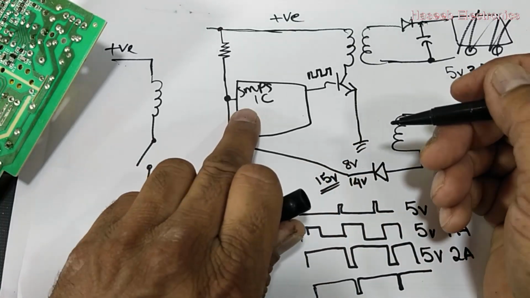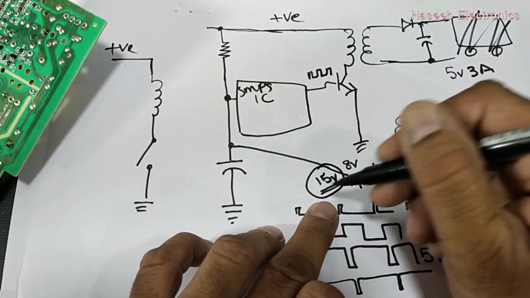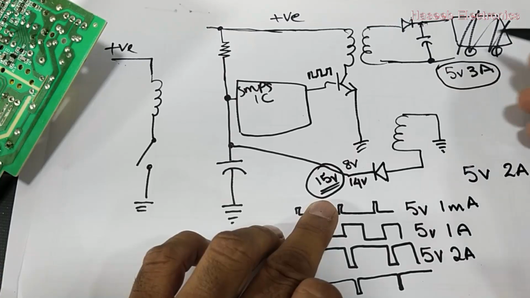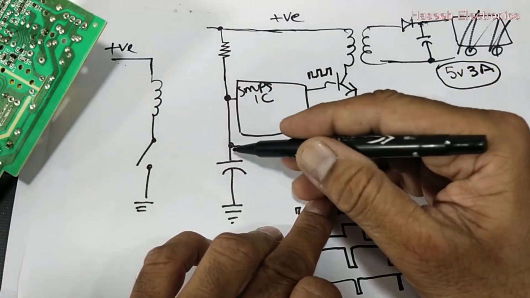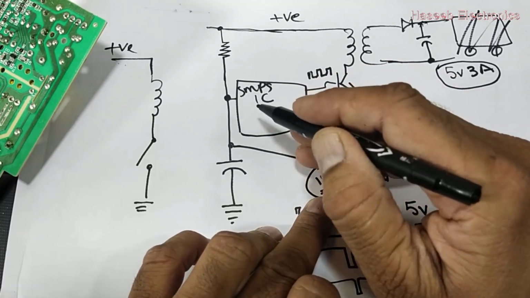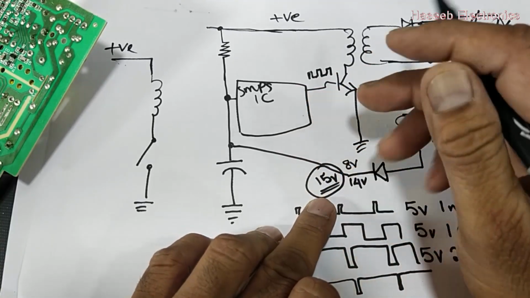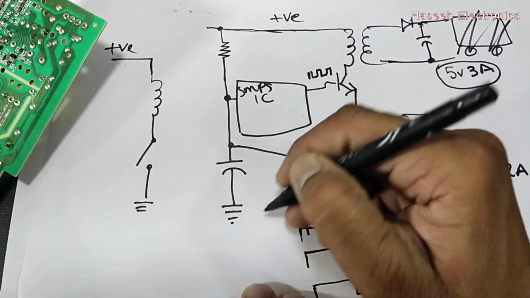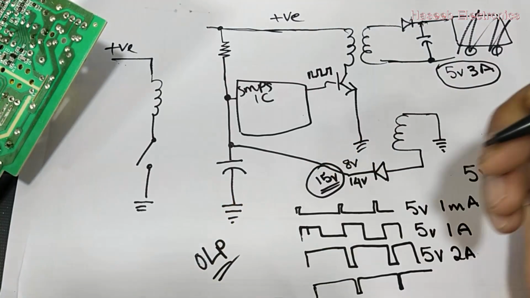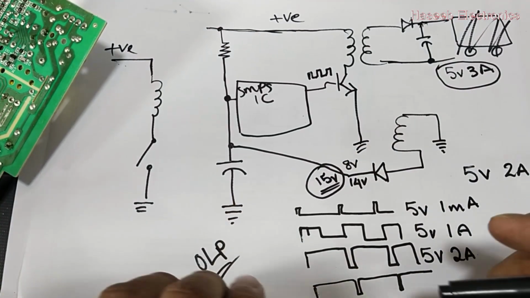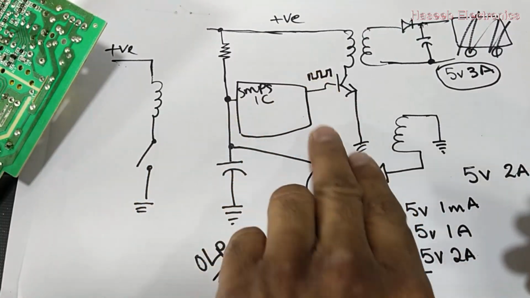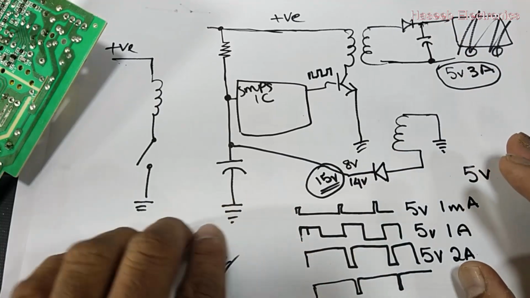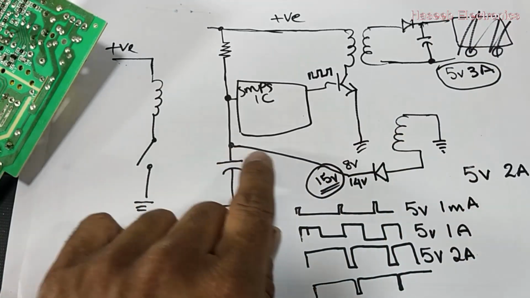When it receives 15 volt, that means the overload condition has occurred. The comparator inside this IC will detect that there is an overload. So in that condition there will be overload protection. At that time this IC will disable its output to protect the MOSFET and the transformer output side. So we have this circuit also to monitor the maximum load current.